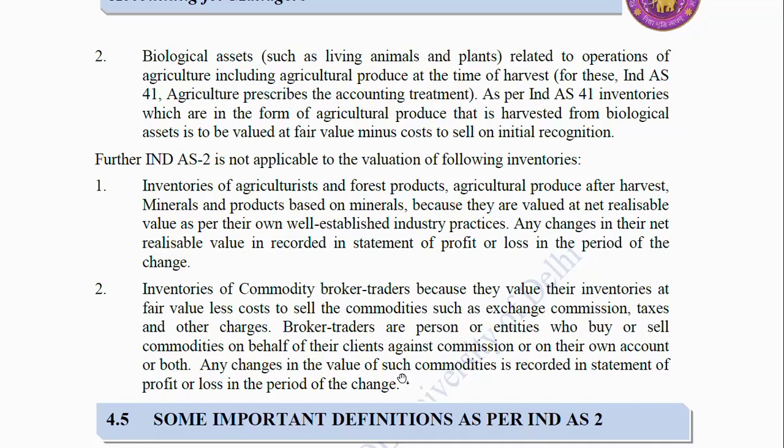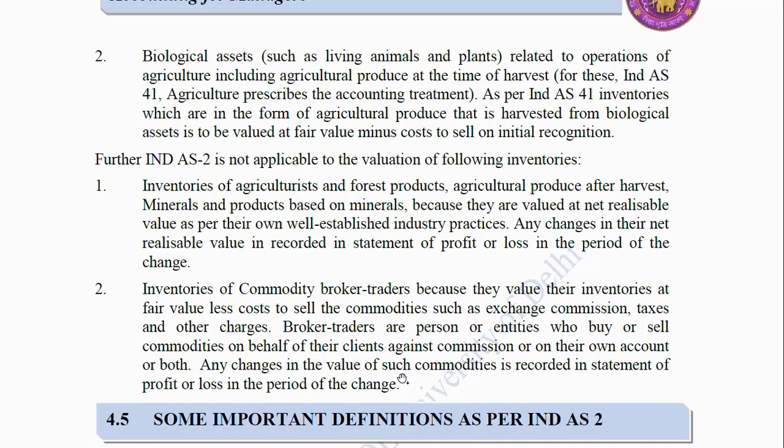Any changes in their net realizable value is recorded in the P&L or statement of profit or loss in the period of the change.